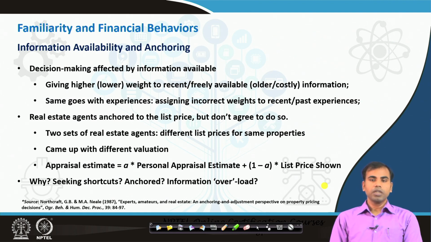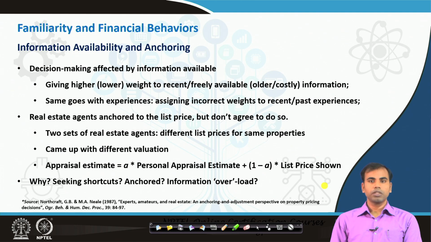Here I would like to cite an example where a set of real estate agents were assigned a task to evaluate the property in terms of the financial valuation, and to be more specific, two sets of real estate agents were given the task to assign the value of same properties, which means there are two sets of real estate agents.